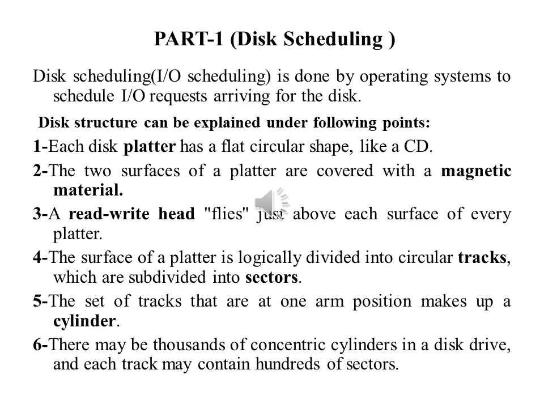Further, in the fourth part, the surface of a platter is logically divided into circular tracks, which are subdivided into sectors. The fifth point is that the complete set of tracks at one arm position makes up a cylinder. If we look at the figure in the next slide, we will see the cylinder.